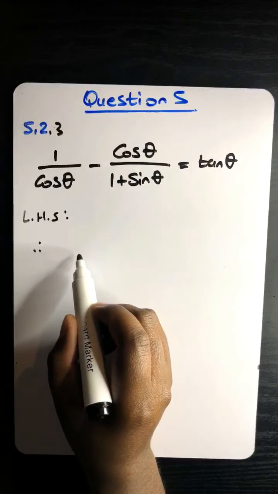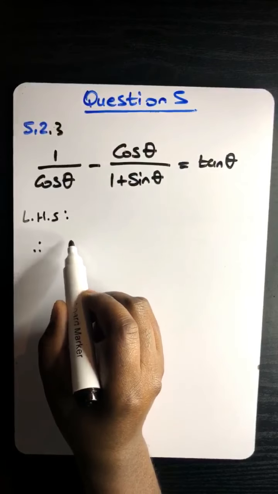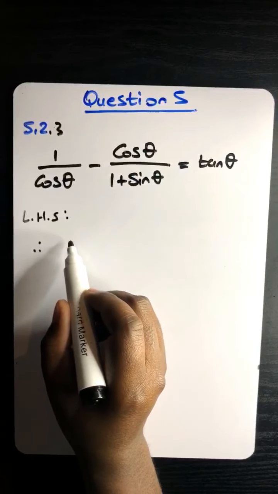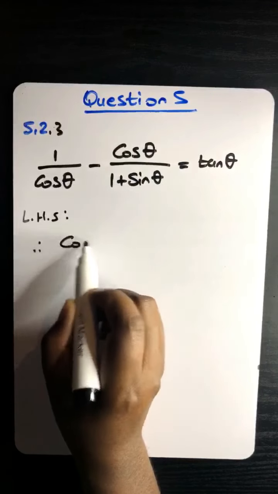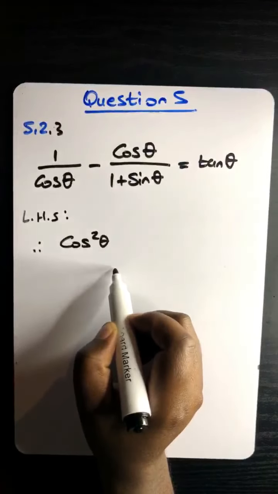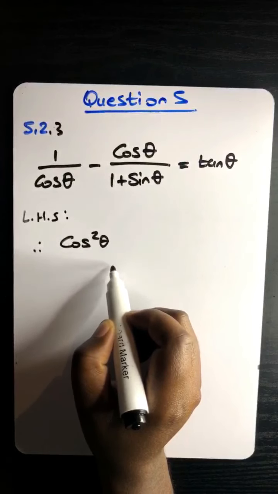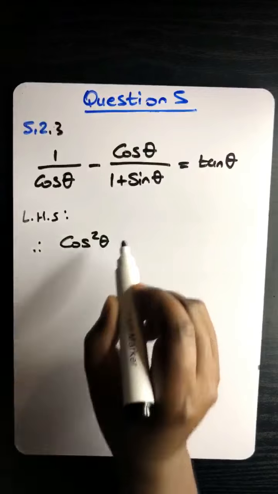I think we're gonna cross multiply. Firstly, maybe we could start with the cos. It's gonna be cos squared theta, and we're gonna say 1 plus sine theta.